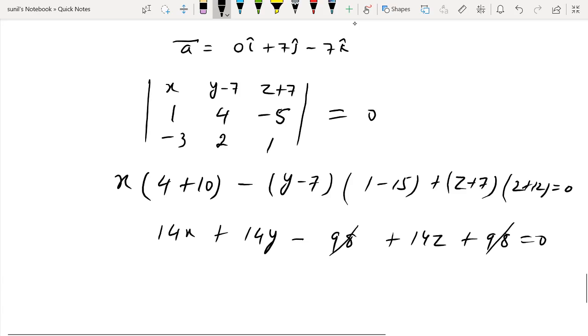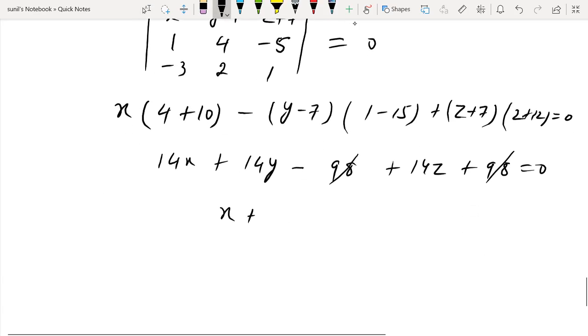This will get cancelled. So the equation of such plane is x plus y minus z is equal to 0.